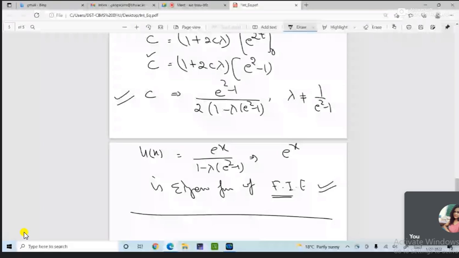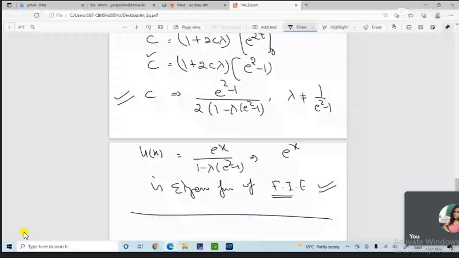Okay. Assignment for you. Suppose phi(x) is equal to lambda times the integral from 0 to pi of k(x, t) phi(t) dt. This is the question: solve this integral equation, or find the solution of this integral equation.